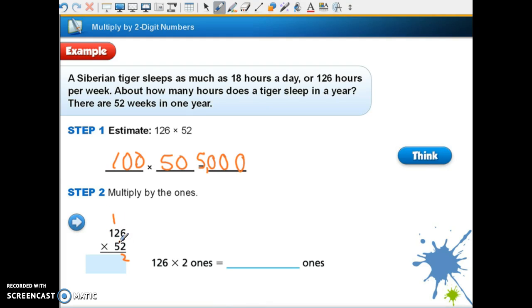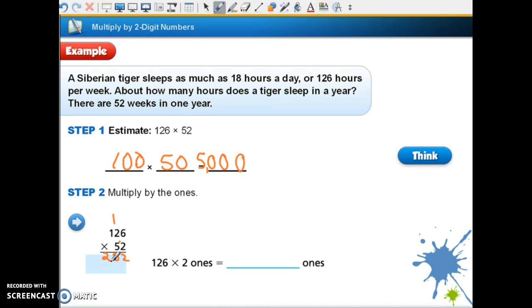Now we're going to multiply the ones place times the tens place up top. 2 times 2 is 4. Plus 1 is 5. Then we're going to multiply the 2 in the ones place in the bottom number times the number in the hundreds place, which is 2 times 1 is 2.